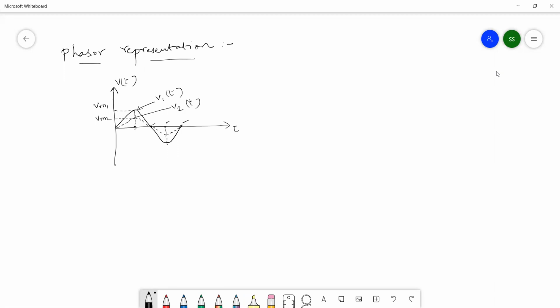So what can we conclude at a 0 instant? The amplitudes of both attain their 0 values and maximum values at the same instant. Shall I conclude the statement like that?